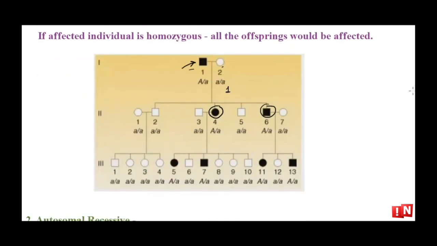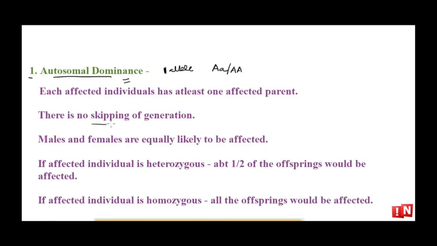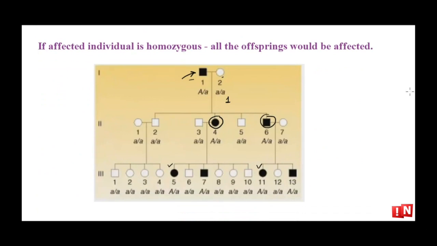If I show you this pedigree, look at this affected individual here, one parent is affected, here one parent is affected. Okay. The next point says there is no skipping of generation. Now that is based on the probability, right? Based on homozygous or heterozygous parent, there would be most of the time no skipping of generation because it's a dominant condition.